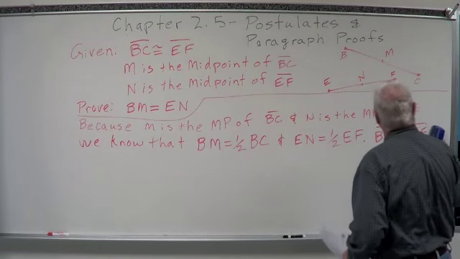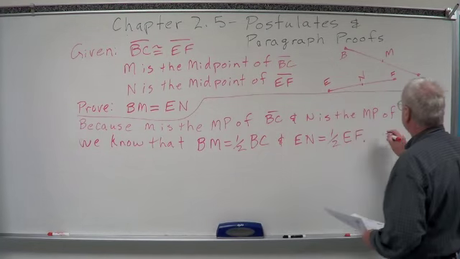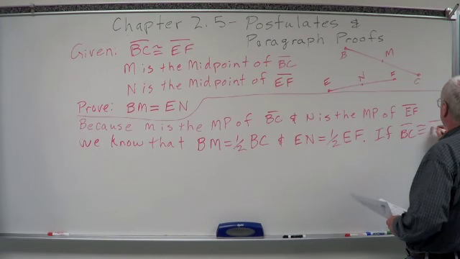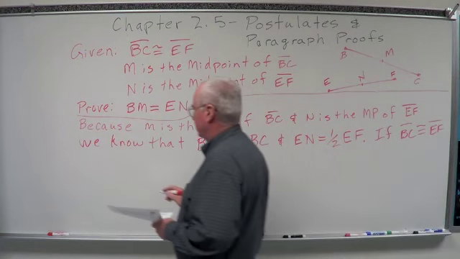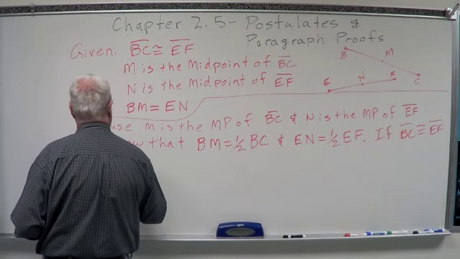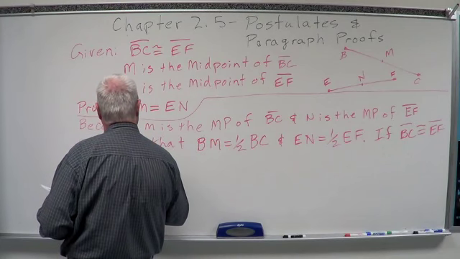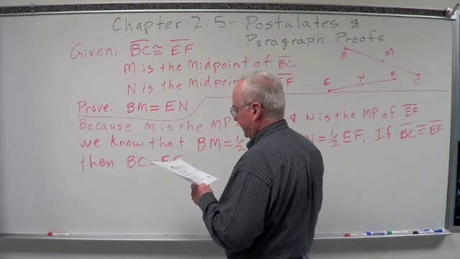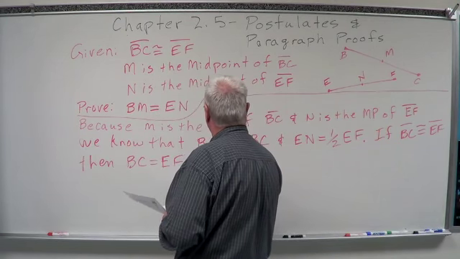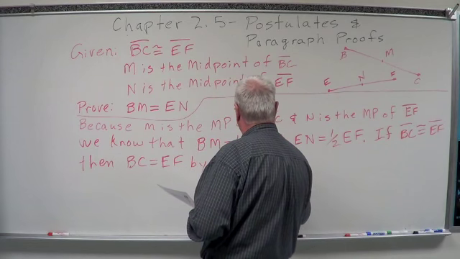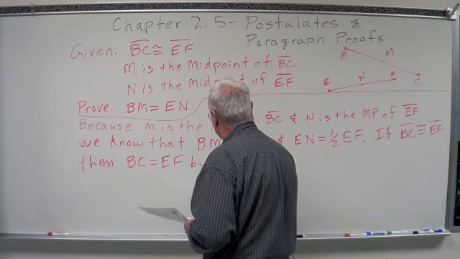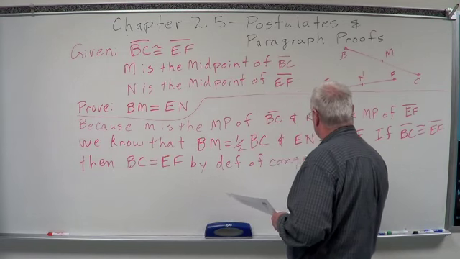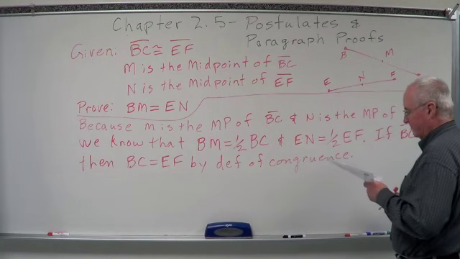Well, if segment BC is congruent to segment EF, which is true, then BC equals EF, all right, by congruence. Okay?